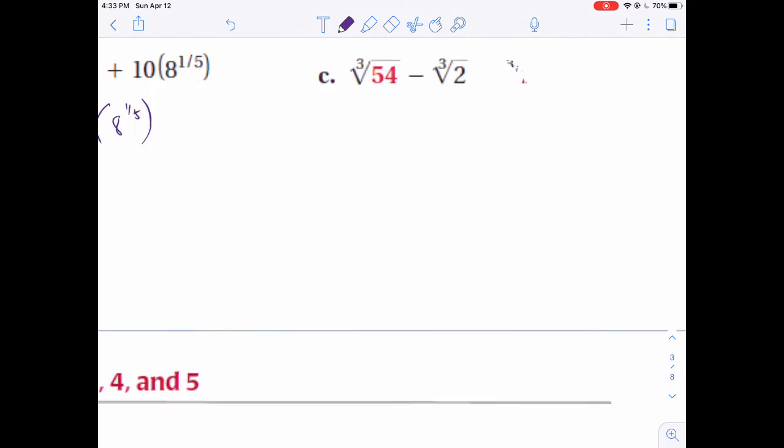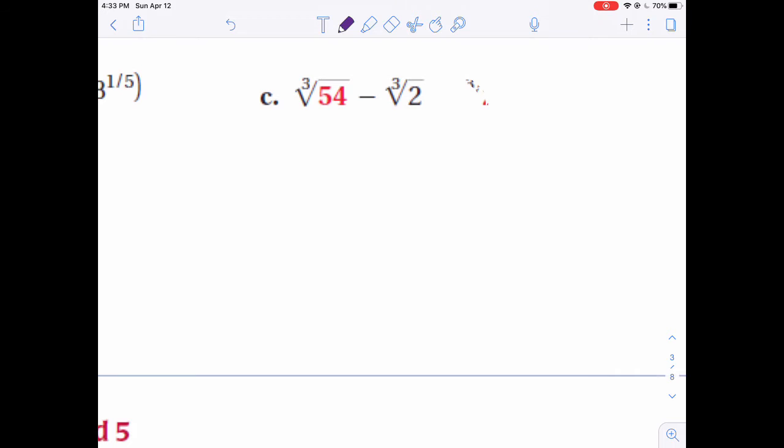This 54, well, it's in red, so you're probably thinking this would be something special, and it is. The 54 and the 2 are not like terms. They're both cube roots, sure, but 54 and 2 aren't the same. So now you have to become an investigator and think about how I can reduce that 54 to be a 2, and use that cube root to help me.